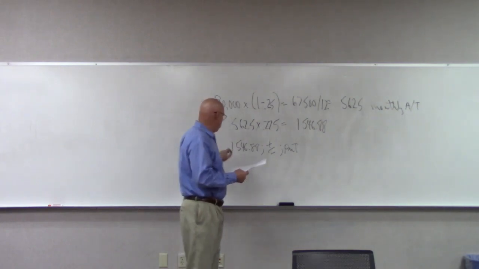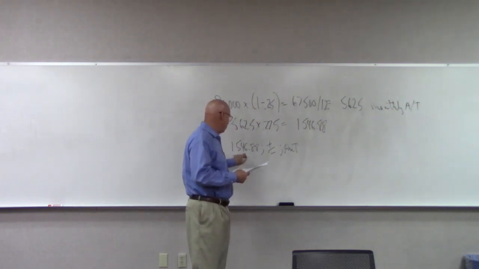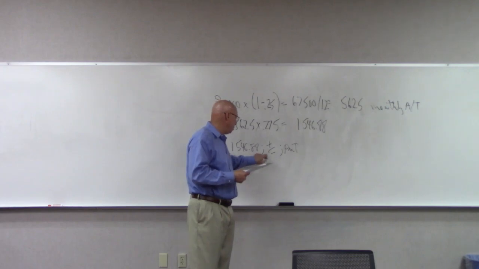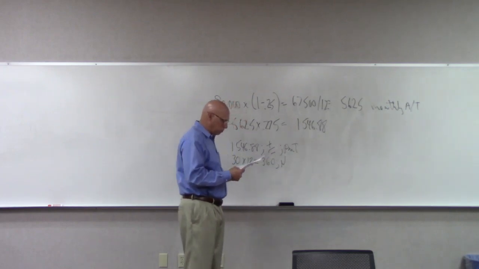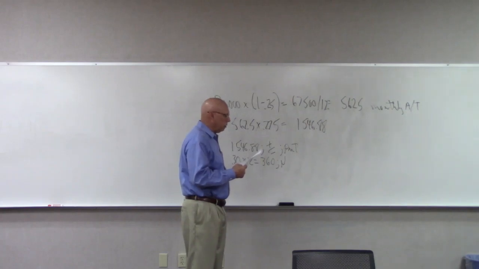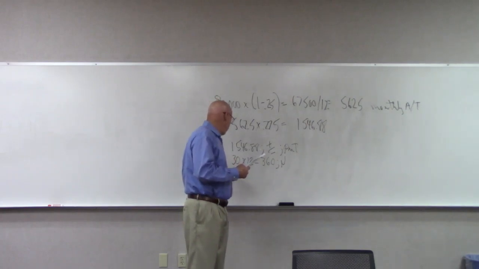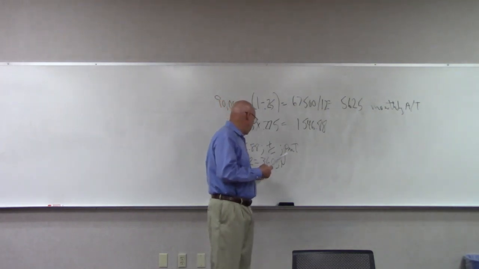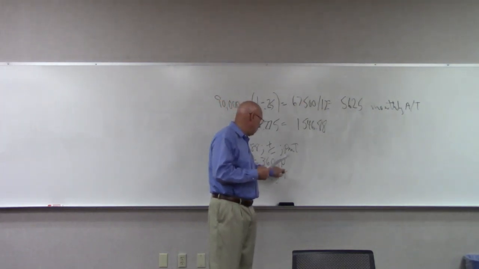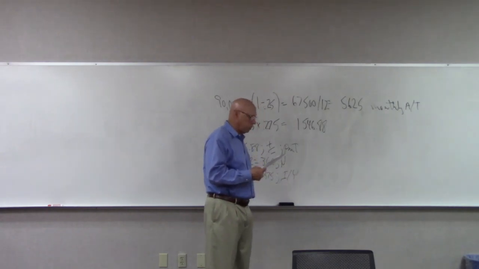So we've got 30 years times 12 payments per year, 360 is the N, and 4.5 divided by 12 equals 0.375, and that's the I/Y.